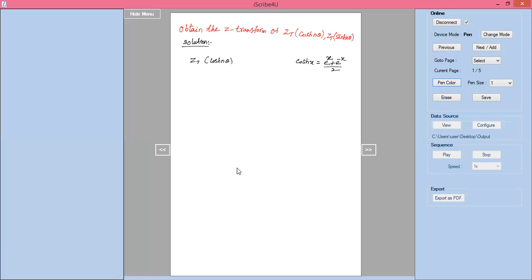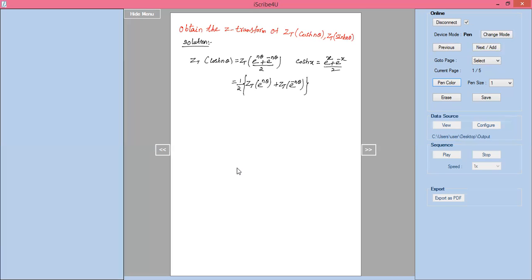Now I'll write the same way, Z transform of cos h n theta is nothing but e power n theta plus e power minus n theta divided by 2. Now if I take 1 by 2 outside, Z transform of e power n theta plus Z transform of e power minus n theta. Is it clear?